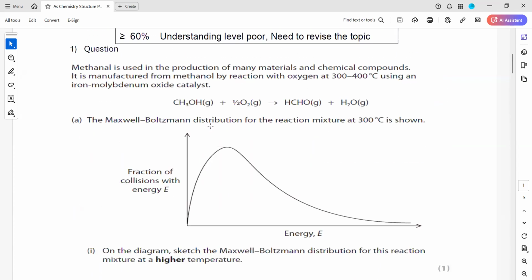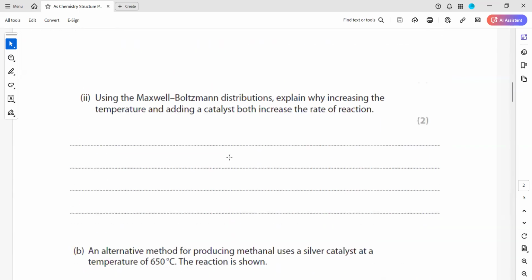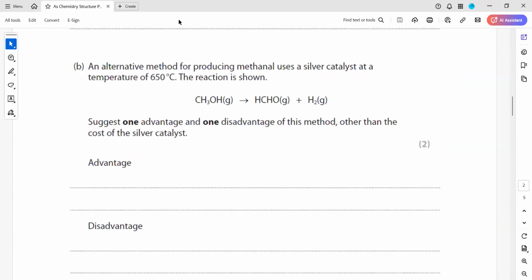What was the product here? The product was H2O, okay? And methanol was there. But what is the product given here? The product given here is hydrogen. So you can also say hydrogen is a useful byproduct.